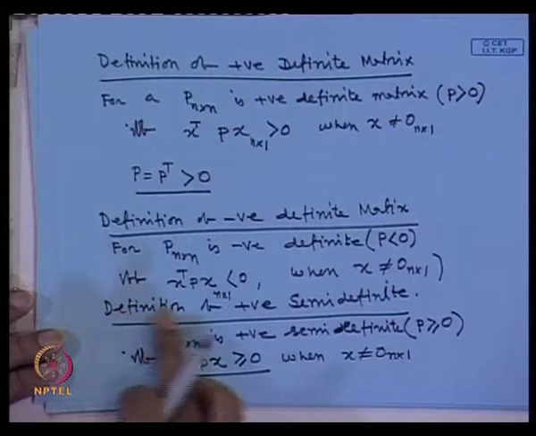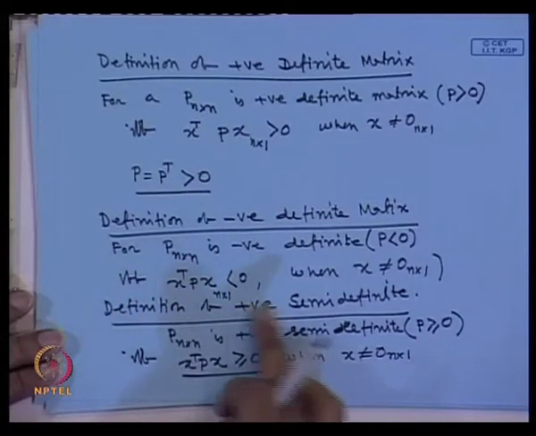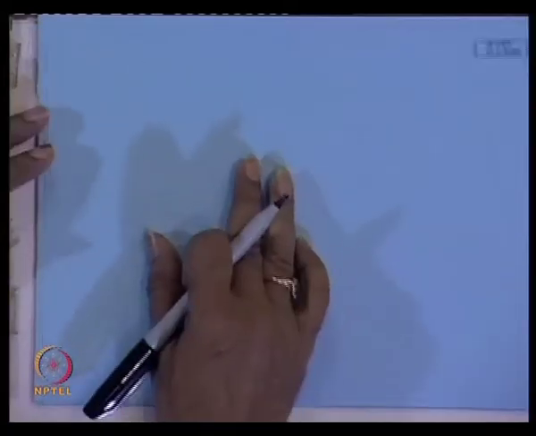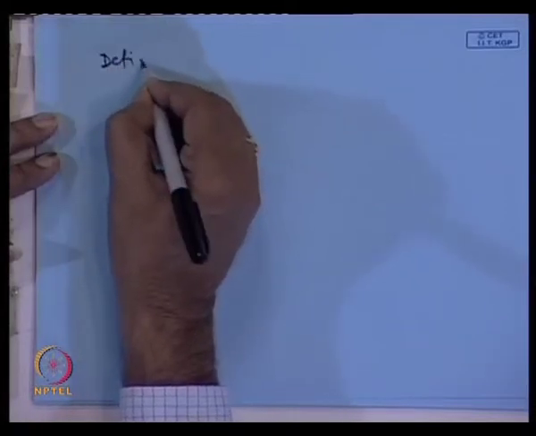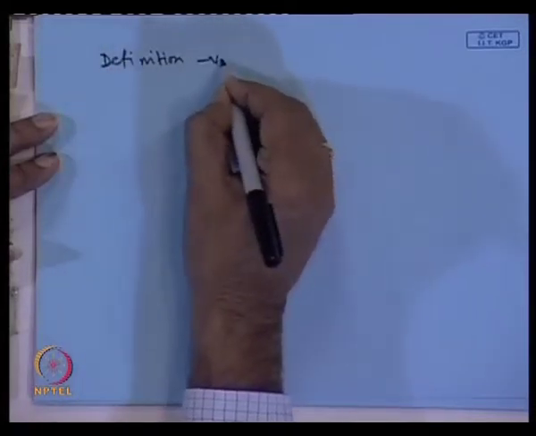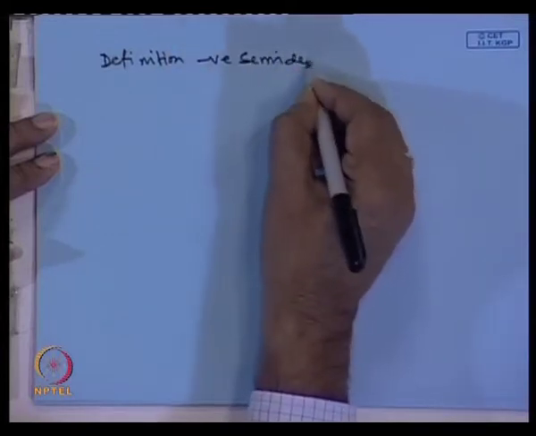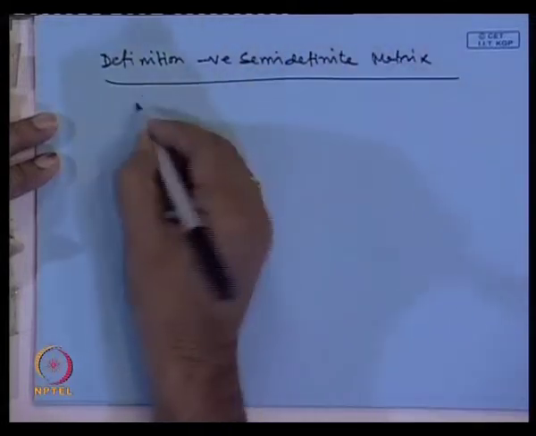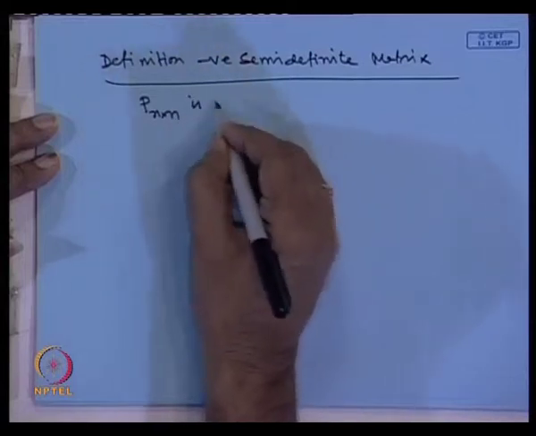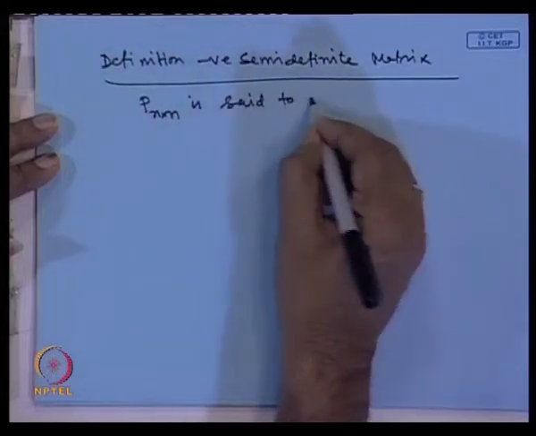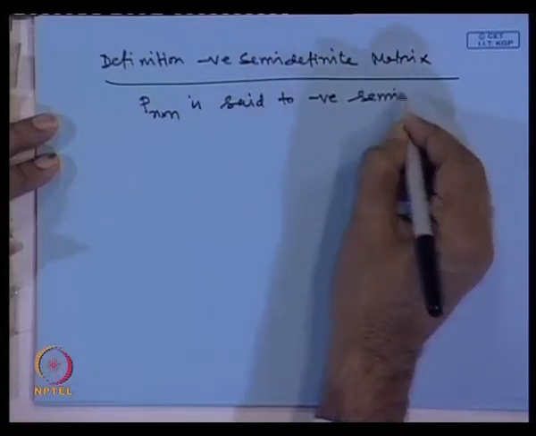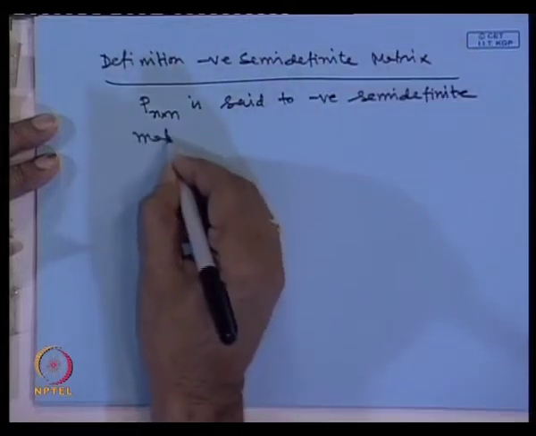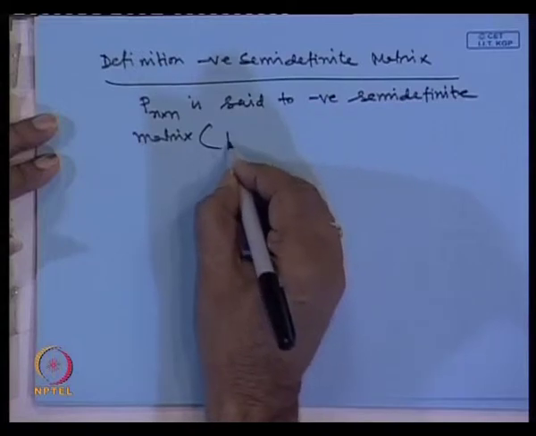Again, we can also derive the definition of a negative semi definite matrix. The matrix P, n cross n, is said to be negative semi definite. In short, it is written like this.